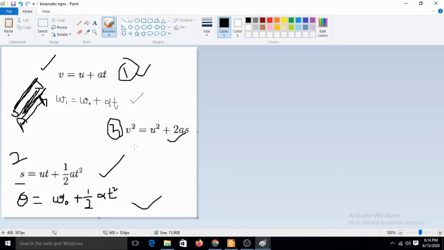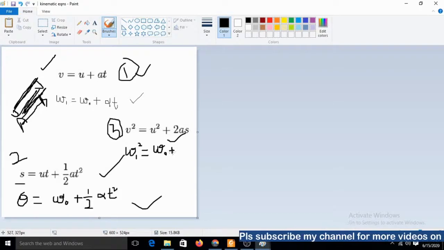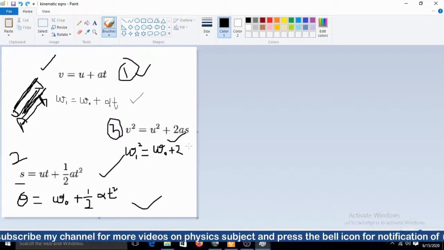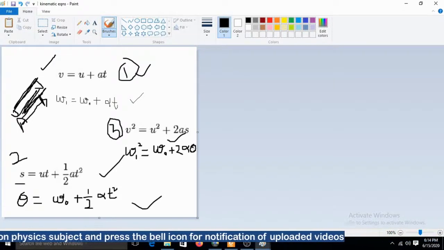Now again, v square will be omega 1 square because it is final, equals omega 0 square plus 2 alpha theta, where a becomes alpha and s becomes theta.